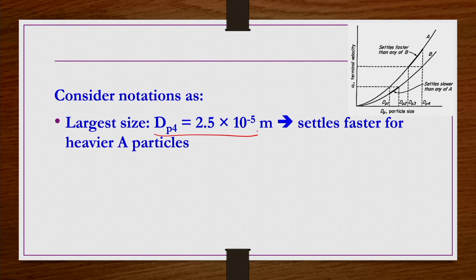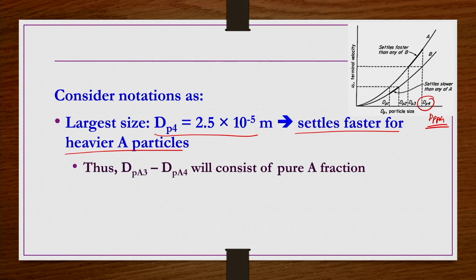So from here we consider the largest size as 2.5 × 10^-5 meters, which settles faster for heavier particles. As I mentioned, dp1, dp2, dp3, dp4 are all valid for both A and B types. Now the largest particle dp4 can be given as dpa4, which will be settling faster than any other particle in the mixture.